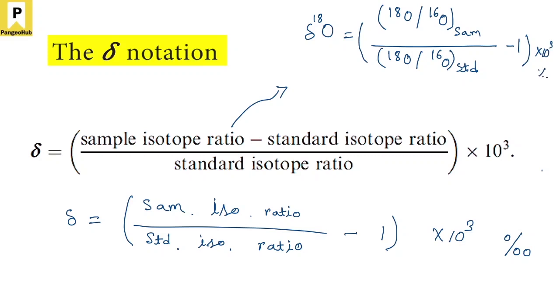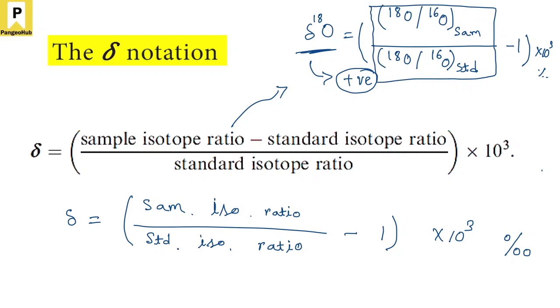So if this delta 18O is positive, then what can we say? We can say this ratio itself is higher than 1, right? Because there is a negative 1 associated with this formula.